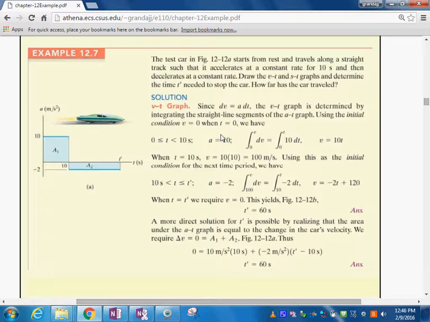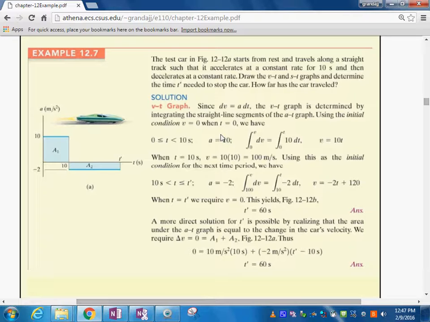So in this case you have that the velocity is the integral of the acceleration. So you will have that the velocity is 10t. When t is equal to 10 seconds, the velocity is 10 by 10, so it's 100 meters per second.